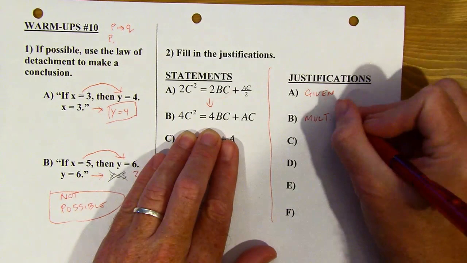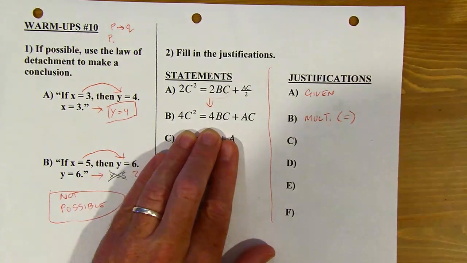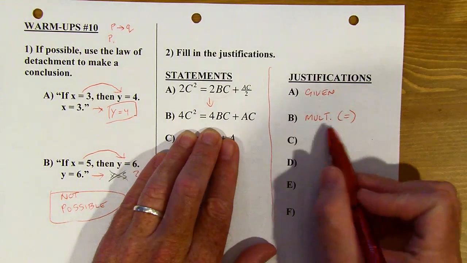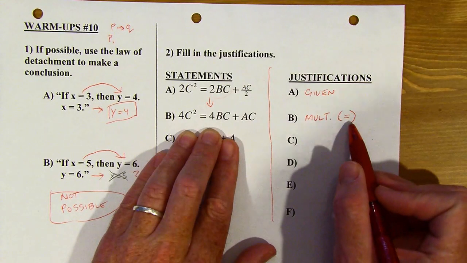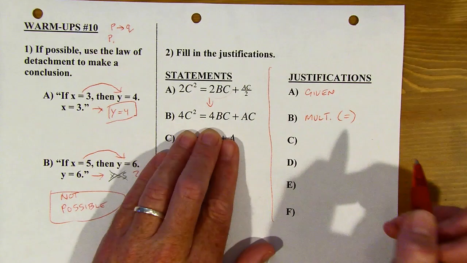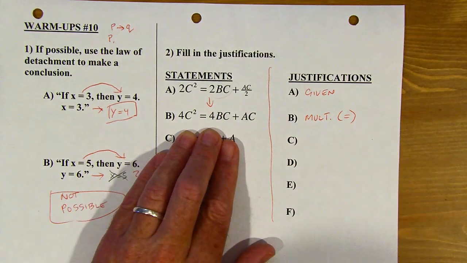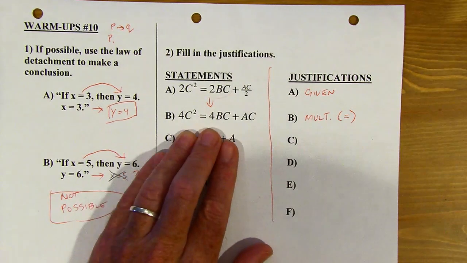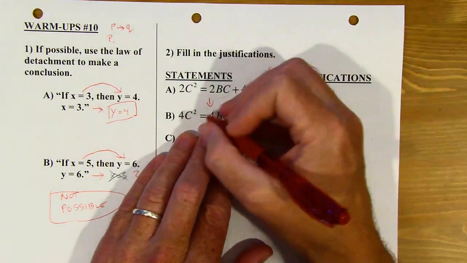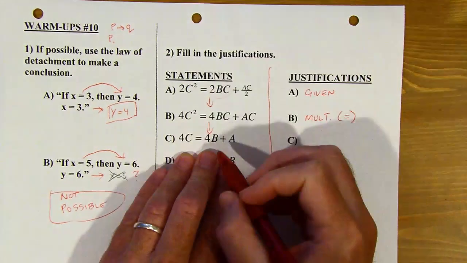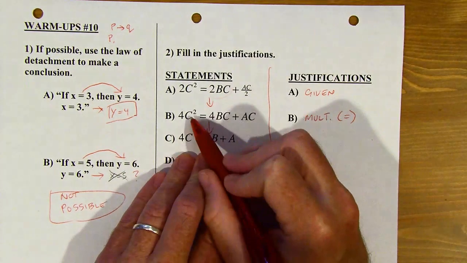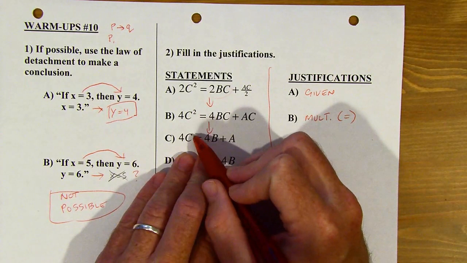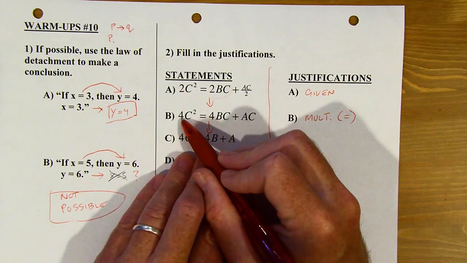Now you're welcome to write out that whole thing if you like, but that's what I'm going to do. Multiplication property of equality. You should really put the equality in there to show that it's a property of equality because we've got different types of properties. Okay? All right, so next step, I'm thinking, okay, well, how do I get from this to that? Well, I can see, okay, the square is gone. Some people might think, oh, I took the square root, but no, you didn't because the square root of 4 would be 2.